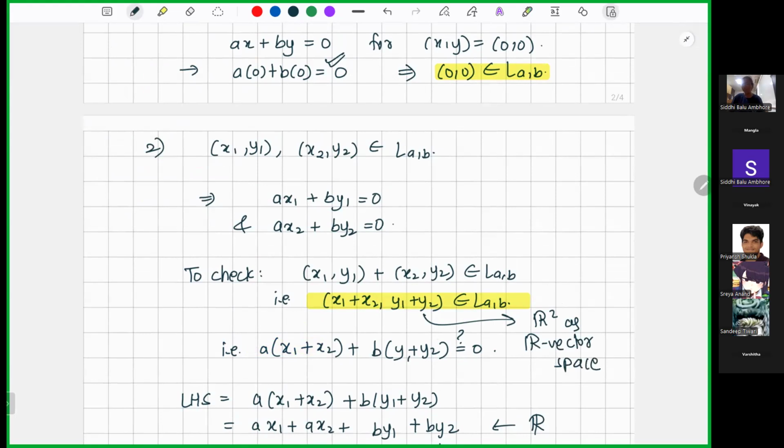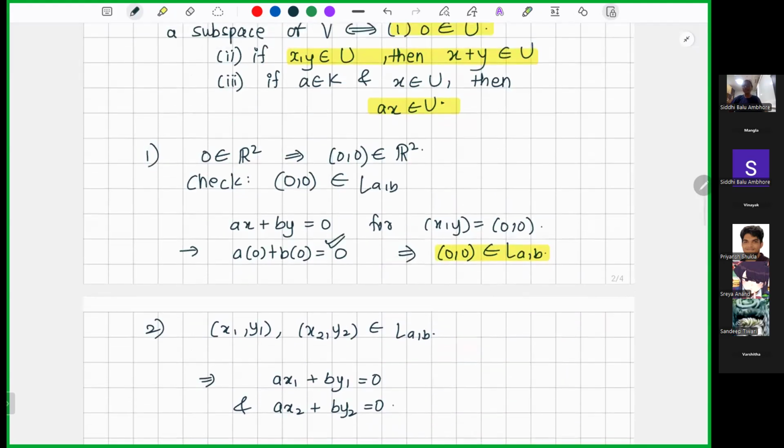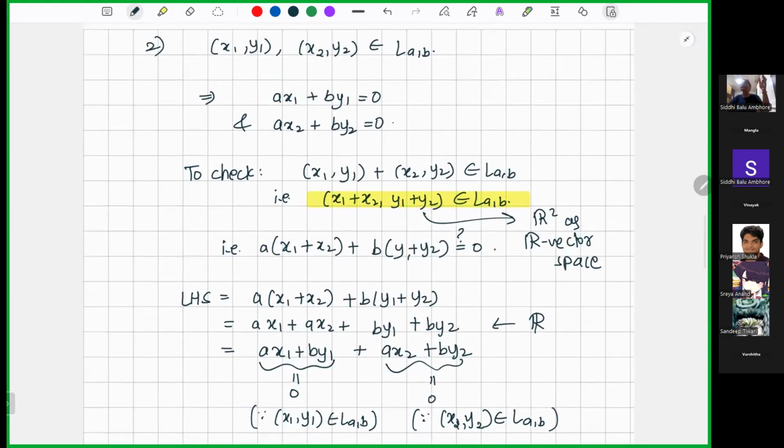There are many ways we can define a vector space structure, or addition, on R2 as an R vector space. But when I'm looking at this LAB as a subspace or subset of R2, I have to check whether it is a subspace of R2 under the same addition and scalar multiplication defined in R2.